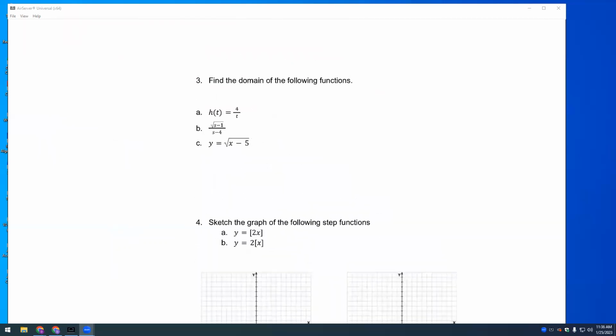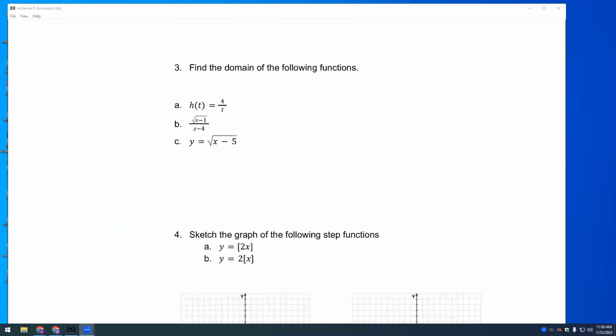Number 3 here. Find the domain of the following functions. Remember, if it's a denominator, it can't be 0. So for letter A, all real numbers except 0, t equaling 0.